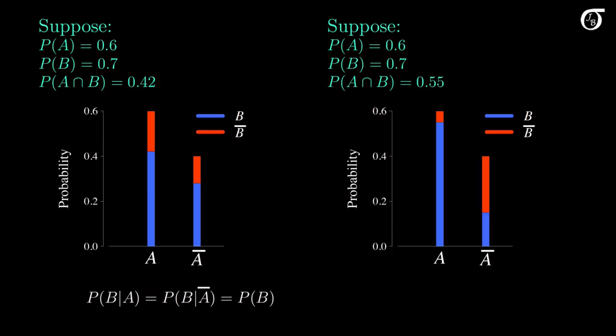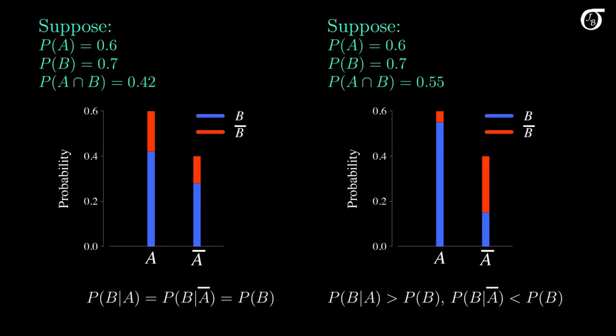Here, the knowledge that A has occurred makes it much more likely that B has occurred. The knowledge that A complement occurred makes it much less likely that B has occurred. Overall, B still has a probability of 0.7 here, but more of that occurs with A, and correspondingly less with A complement, than was the case under independence.